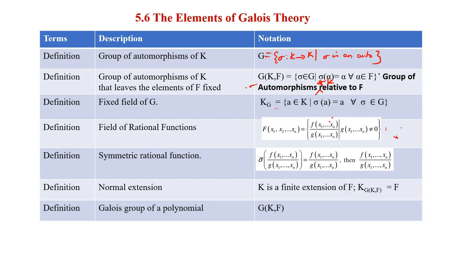There, all the automorphisms which leave the base field elements fixed. So here scalars, there mappings. Mappings, what do they do? Here scalars, what do they do? They are left fixed. They are not doing anything.